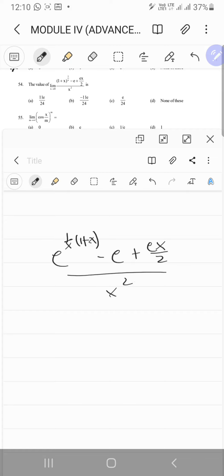Right. And now we're going to take a derivative. Notice that there's e everywhere. Just take a derivative. So this should be e to the 1 upon x into... Oh, it should be natural log. Oops. It should be natural log of 1 plus x over there.